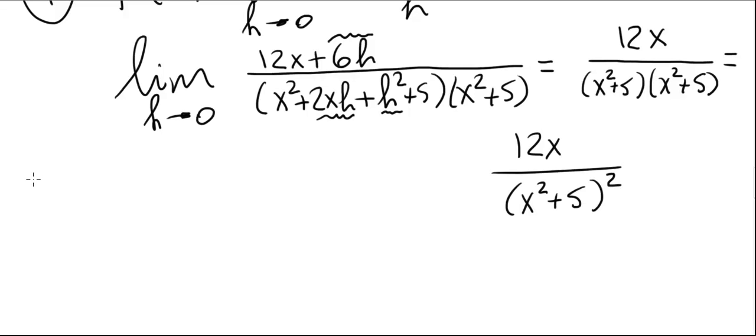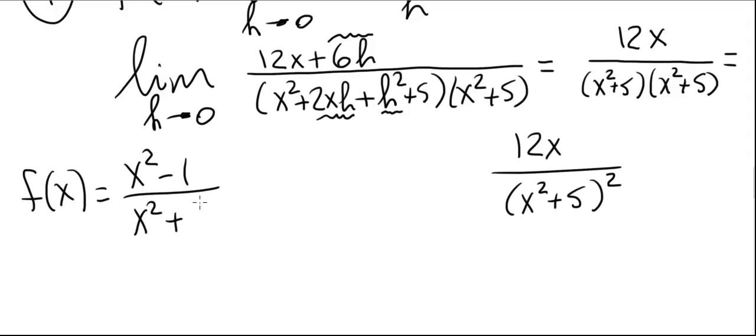And to summarize, if f of x is equal to x squared minus 1 divided by x squared plus 5, by definition of derivative, the derivative of that function right here, f prime of x, is equal to 12x divided by x squared plus 5 squared.